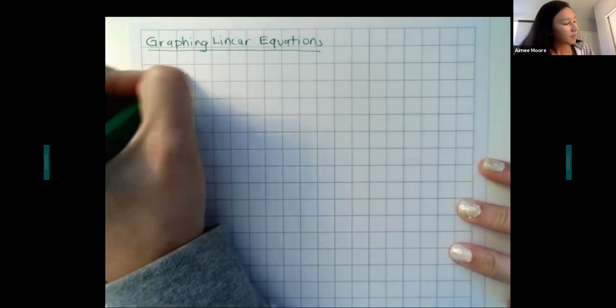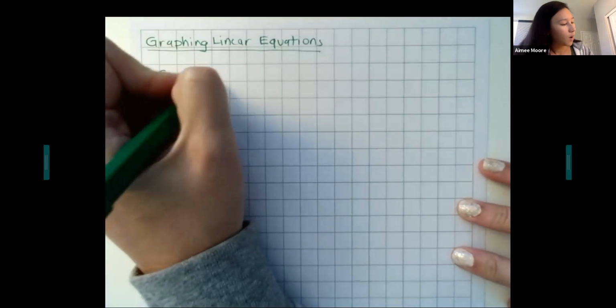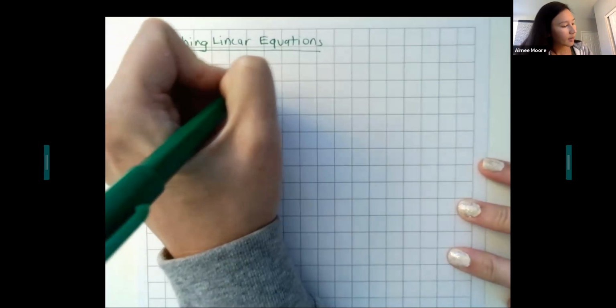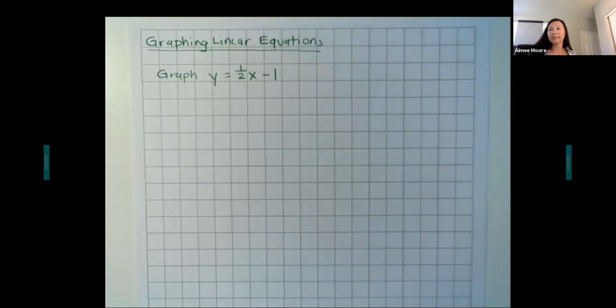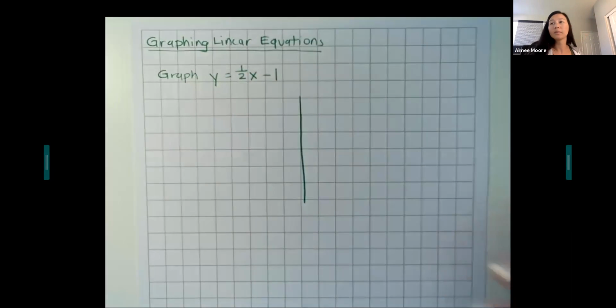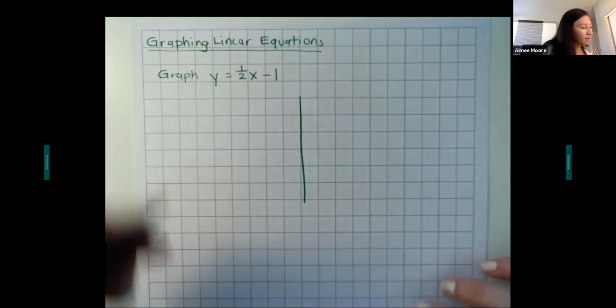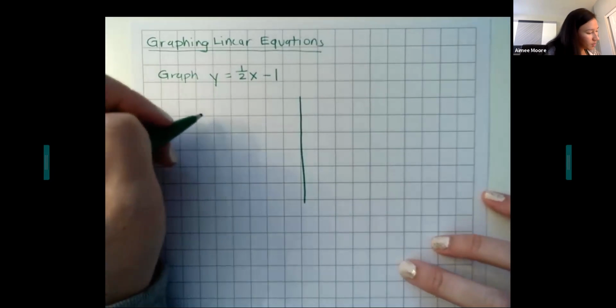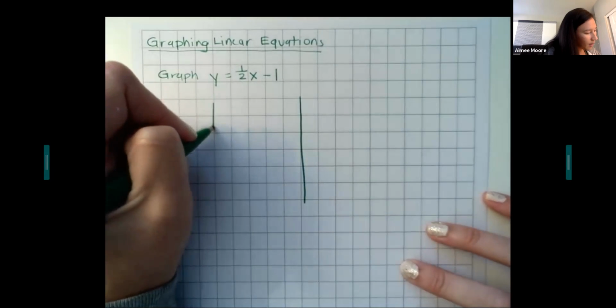So we're going to see something like graph y equals 1/2 x minus 1. And you'll be given a graph. We don't have one in our notes, but on the assignments, you'll be given the graph.